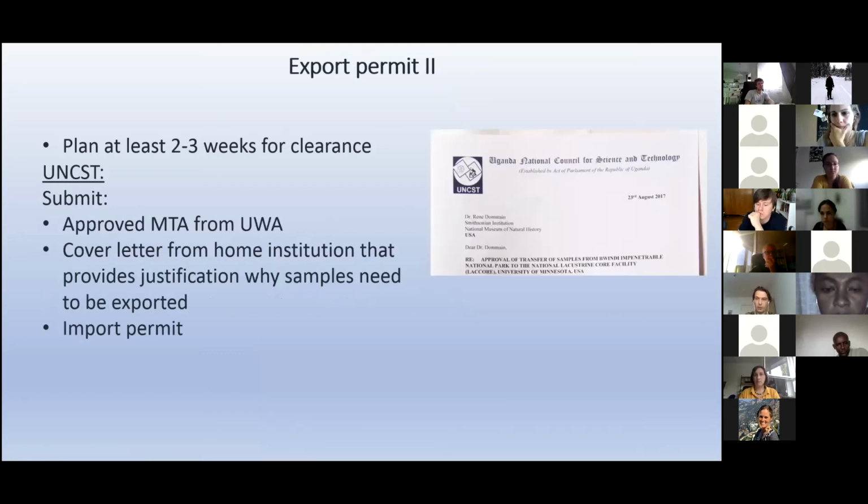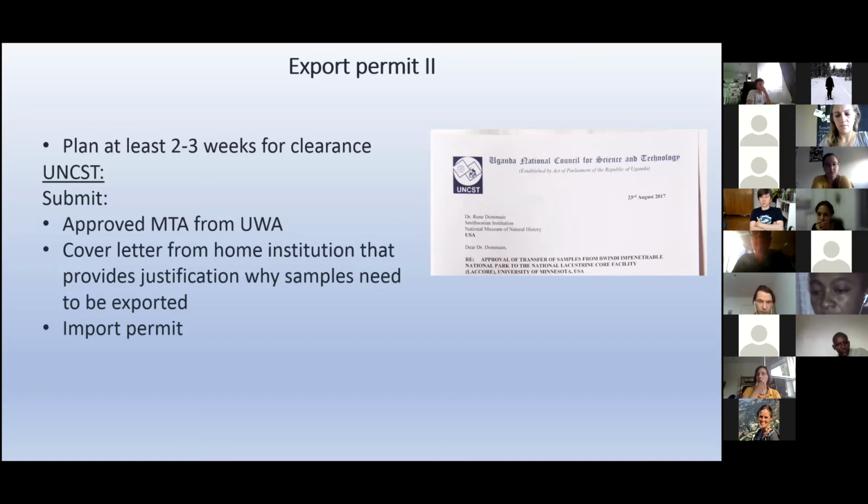When you have your export permit from the Uganda Wildlife Authority, you go to the Uganda National Council of Science and Technology and ask for an export permit from them. For this, you need to show the material transfer agreement you got, and you need to have a cover letter from your home institution that basically says why the samples need to be exported.